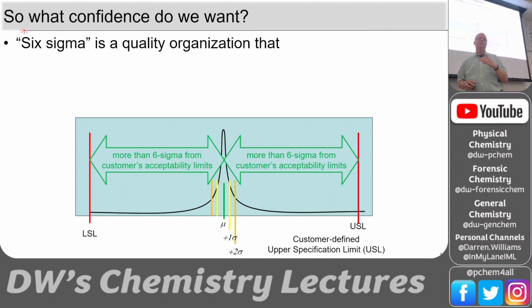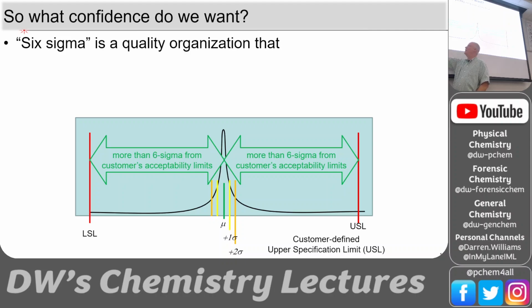And so they've developed this structure for uncertainty management called 6 Sigma. The idea is that you want to be 6 standard deviations away from your failure or specification limit. So let's say here's our mean and here's our standard deviation. We want 6 of those standard deviations to pass before we get to our lower specification limit.